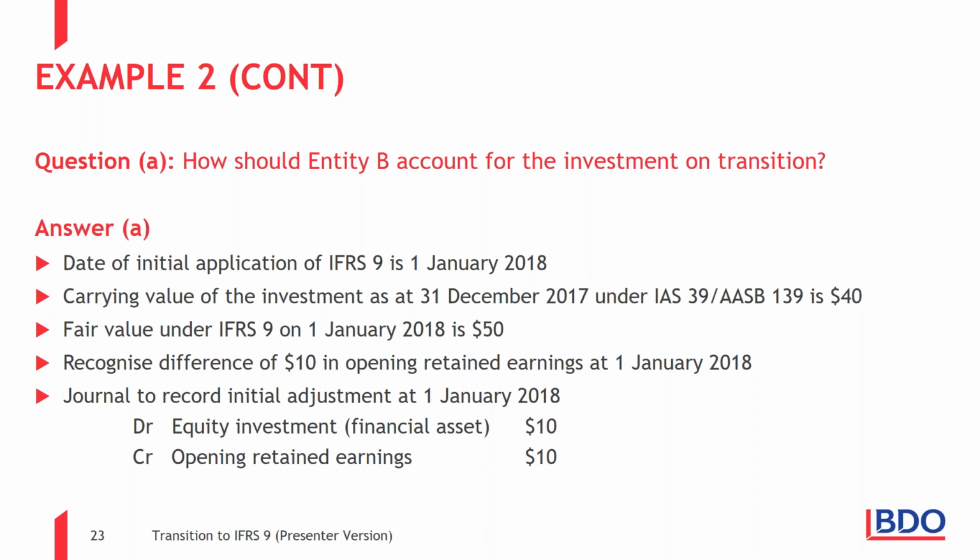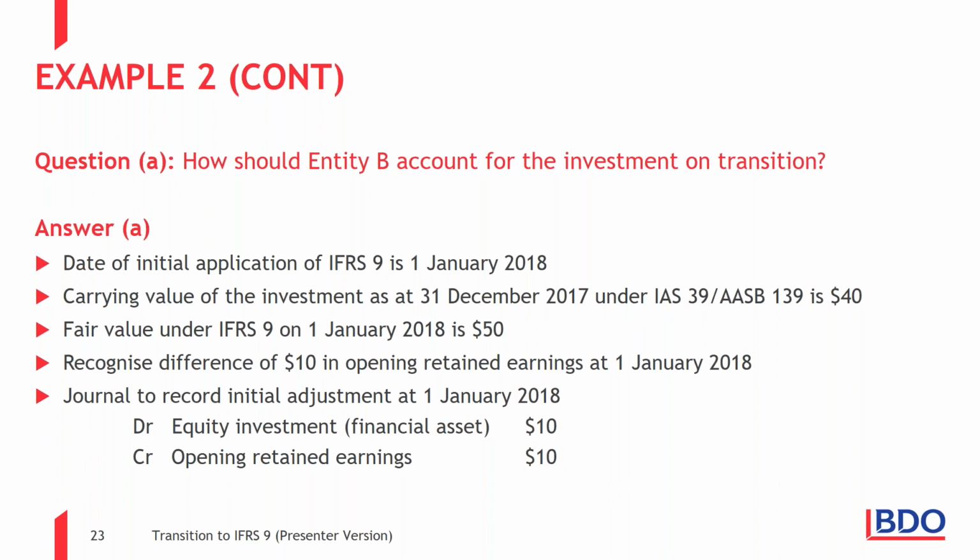So the date of initial application of IFRS 9 is 1 January 2018. Now, the carrying value of this investment at the end of the previous year, we had this investment in the balance sheet at $40, original cost less impairment loss of 60. Now, the fair value under IFRS 9 on date of initial application, 1 January, is actually 50. So the carrying value, remember, they had it initially at cost, and then cost less impairment loss gave us 40.